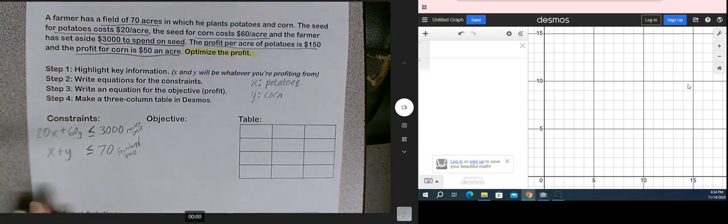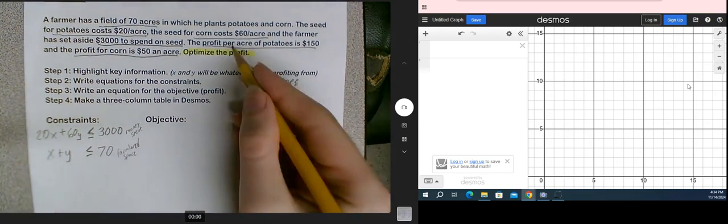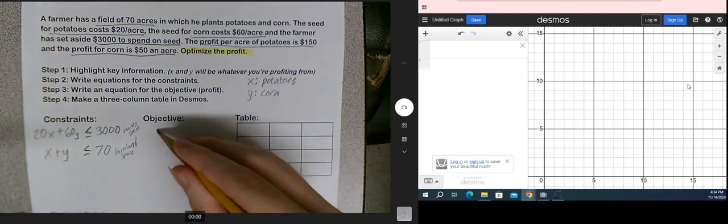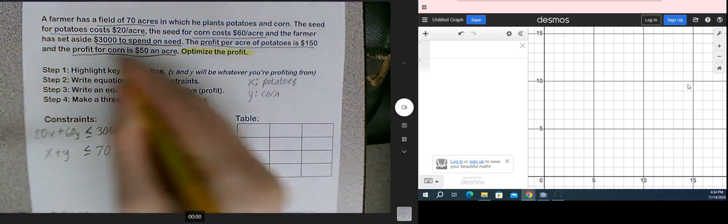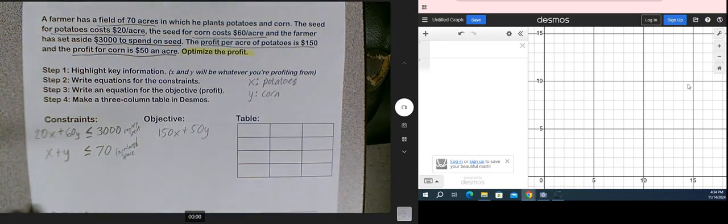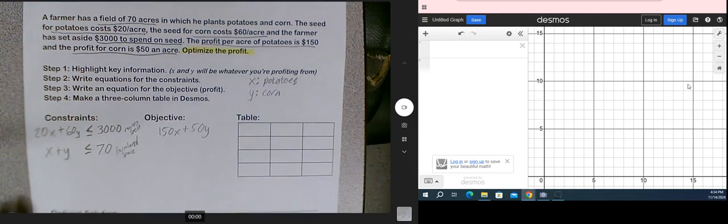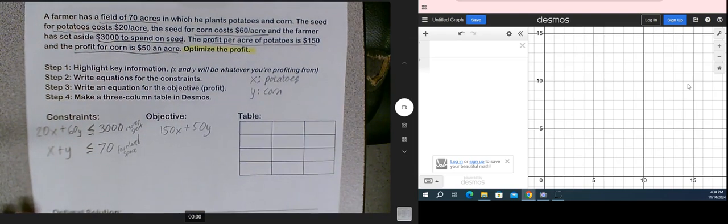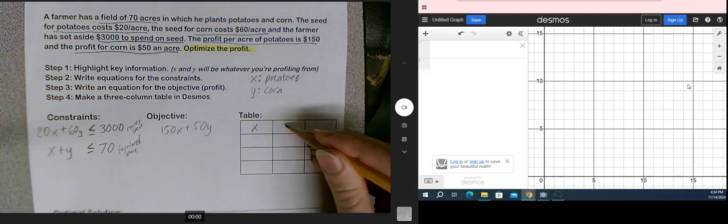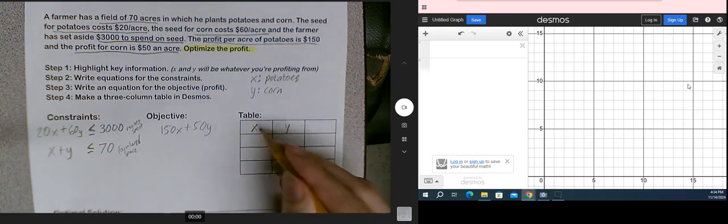So now the objective is the profit. So now we're going to take these two pieces of information, all right, $150 for every acre of potatoes and $50 for every acre of corn. That's the objective. And now we're going to make a table. So our table is going to have an X and a Y as the first two columns.